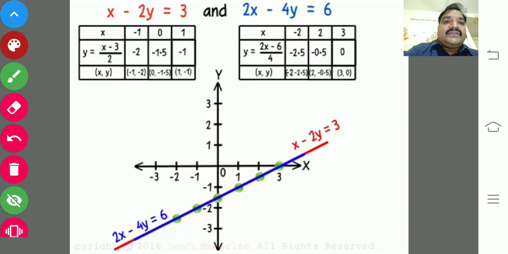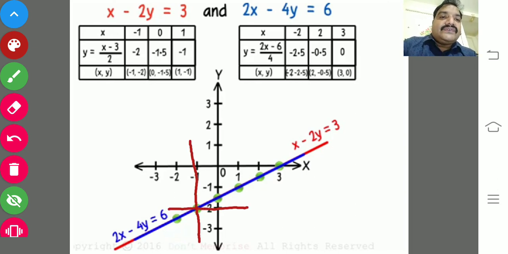You just observe: minus 1, minus 2. Where is minus 1 on the x-axis? Here. And minus 2, yes. Minus 1 and minus 2. And 0, minus 1.5. 0 is here, and minus 1.5 is here. This is one more point.